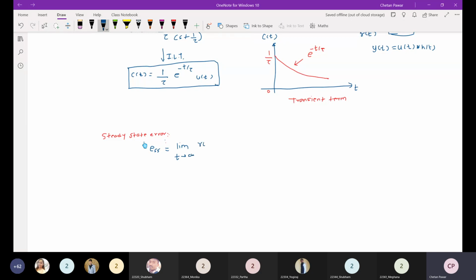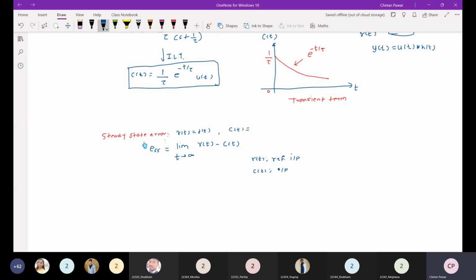So steady state error means limit t tends to infinity of R of t minus C of t, where R of t is the reference input and C of t is the output. So what is R of t? In this case, R of t is delta of t. And what C of t did you get?